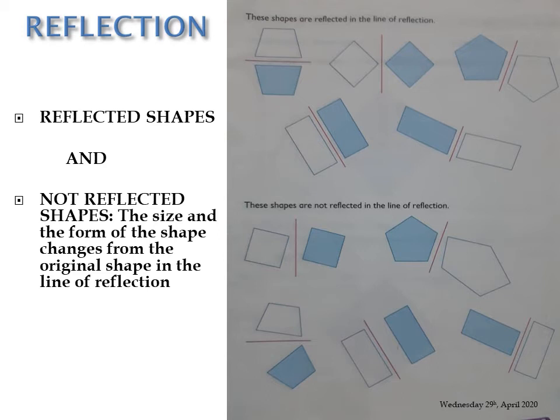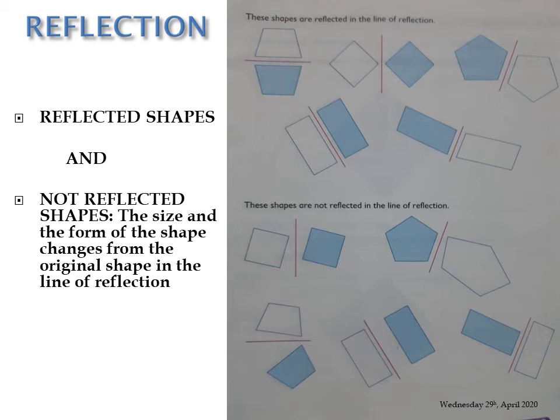The distance is shorter, so we cannot say it has reflected well. Also, the rectangle: the distance between the actual shape, the one in deep blue, and the reflection is different. So the distance has to be the same, and the size has to be the same also.